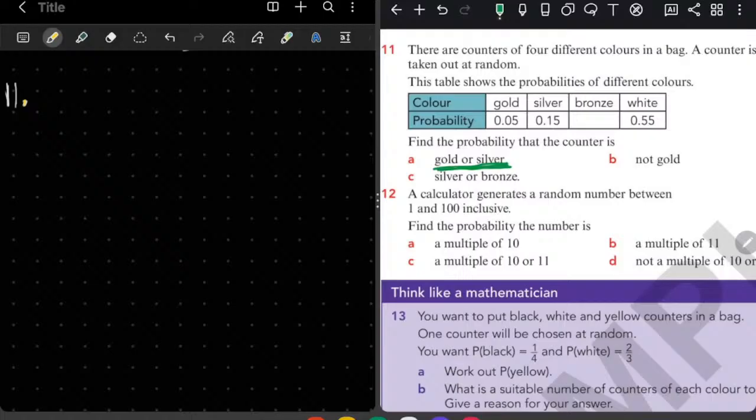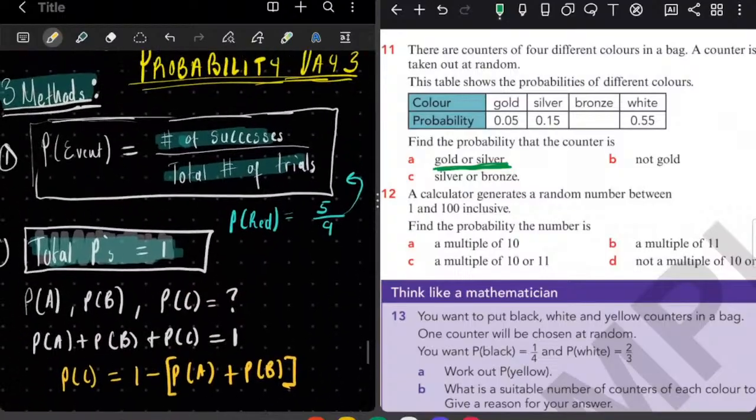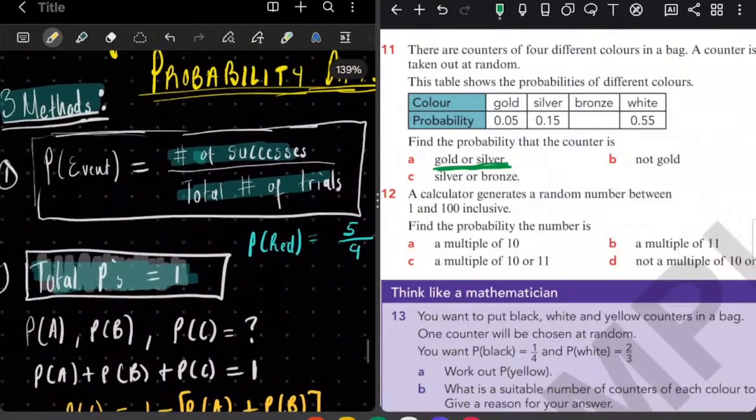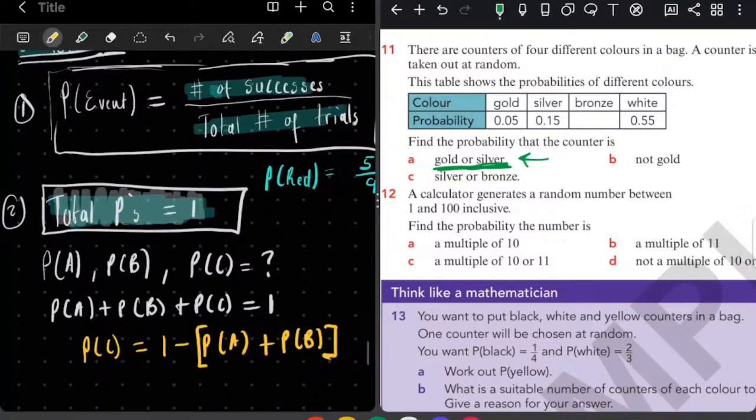Vic, do we use the first method to answer this one? Number 11, Vic. Do it with me. Do you have the numbers of things here? When they say find the probability of gold or silver, do we use the first one where you say number of things? No, we don't use it. We haven't been given number of things.